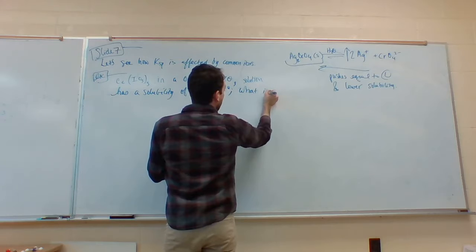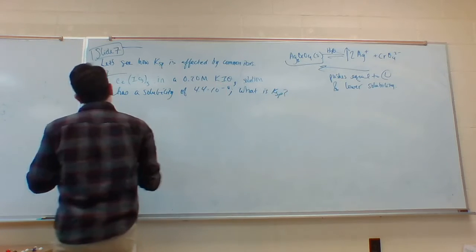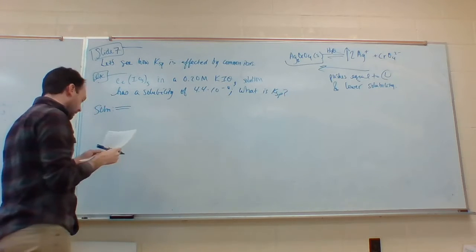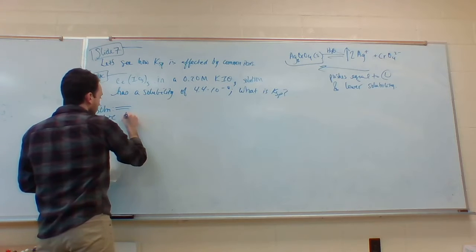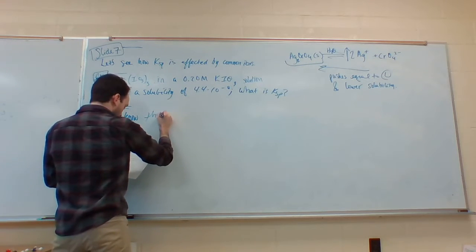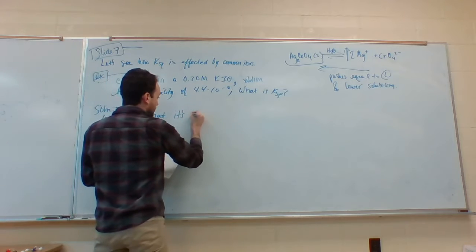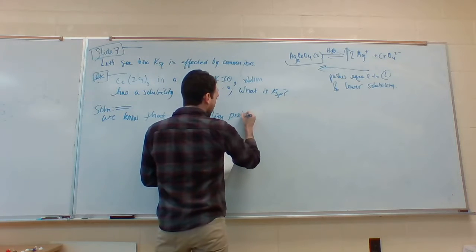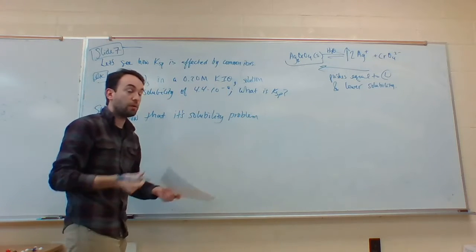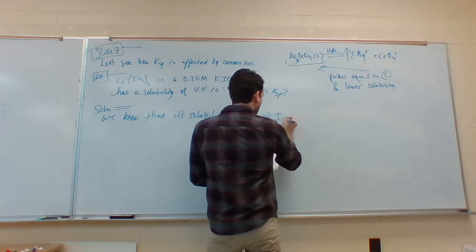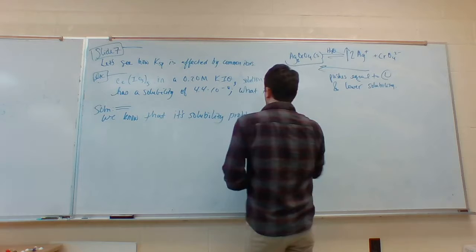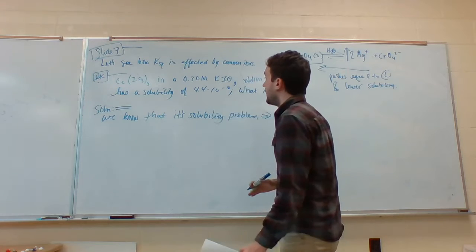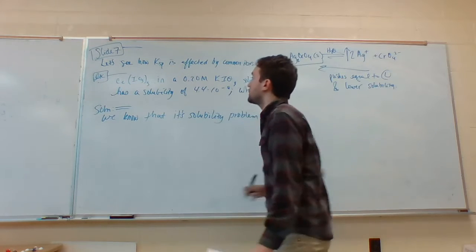What is the KSP? All right, well, we look at our solution. We know that it's going to be a solubility problem. And if it's a solubility problem, we're always going to start with an ice table, because we know if it's a solubility problem, then it's an equilibrium problem, which is dictated, of course, by that KSP, or well, by the KSP that we're trying to solve.